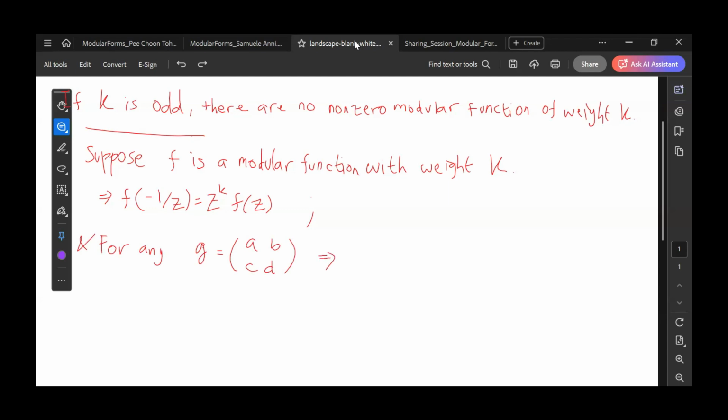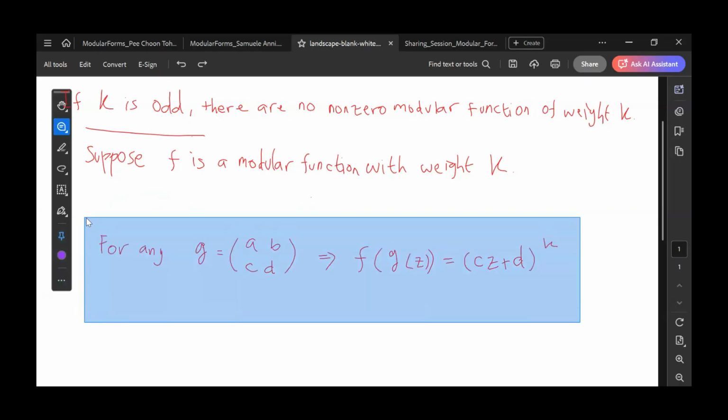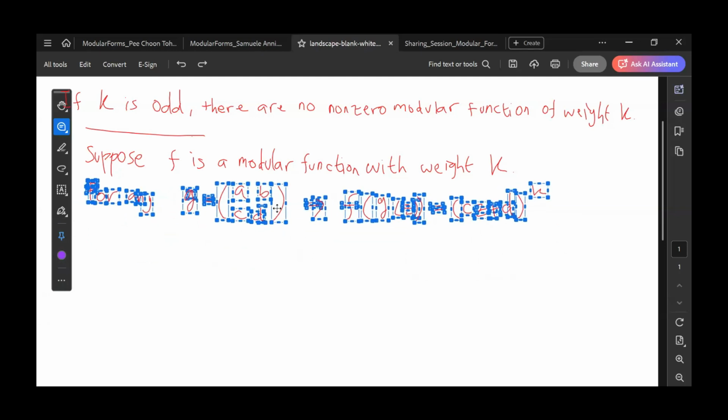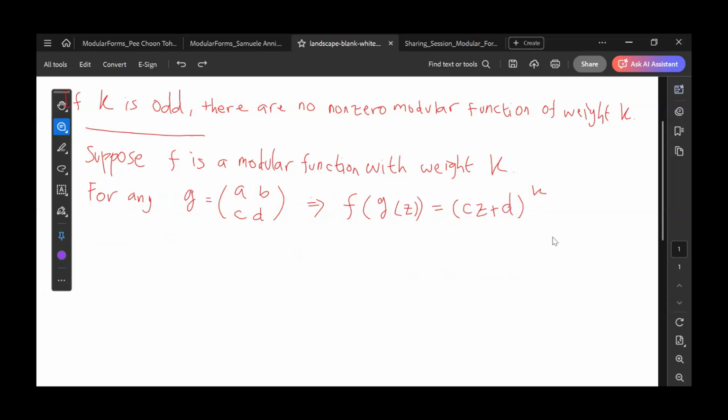We must satisfy that f(gz) is equal to this. Maybe this is too specific. We use the more general property that they must satisfy this for any g with a, b, c, d. We must satisfy this one.